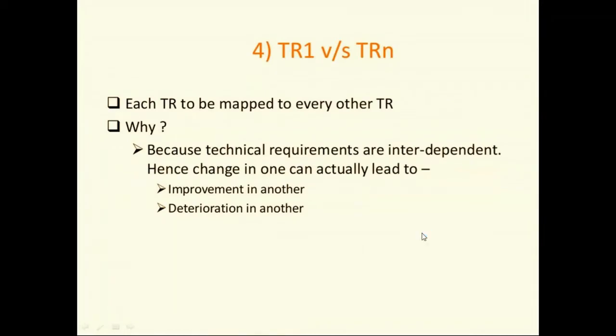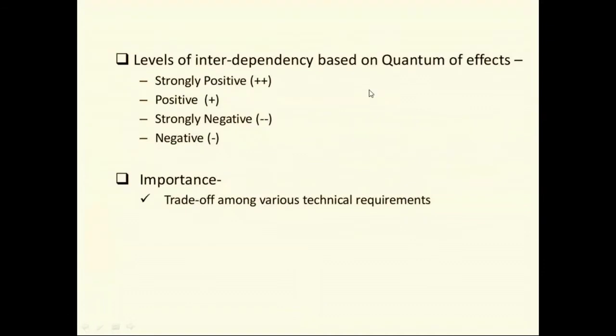So these interdependency values, you can write as strongly positive, positive, strongly negative, and negative. Any way you want to represent it, you can represent it and calculate it. So this interdependency of the technical requirements with the other technical requirements is actually giving you the roof, that is the correlation matrix.